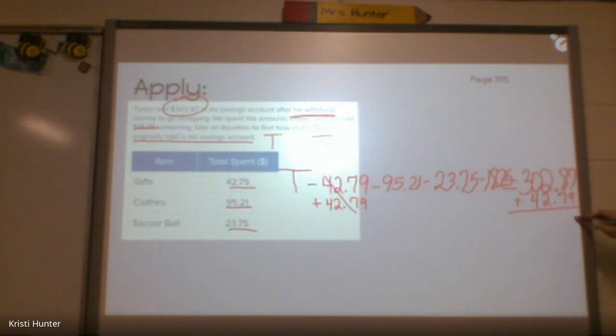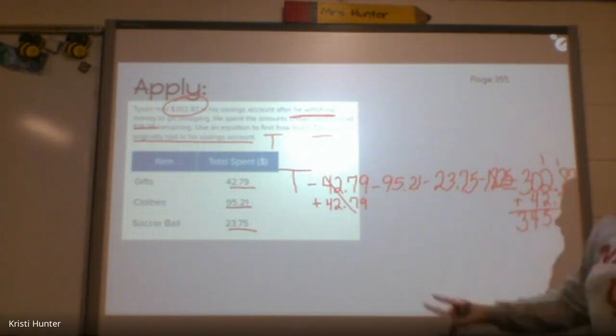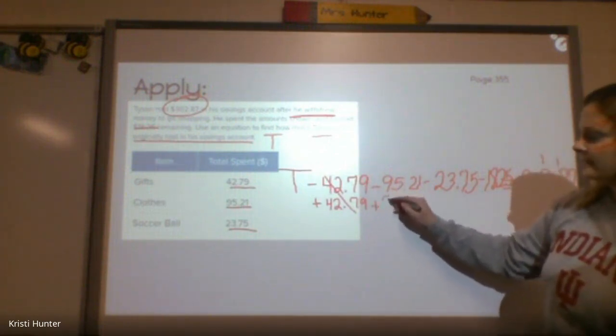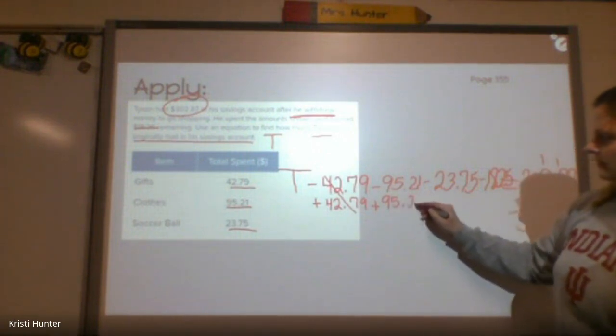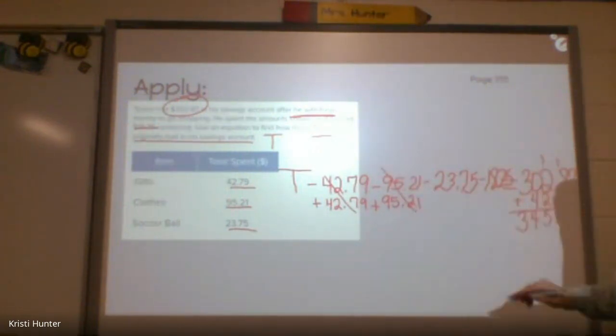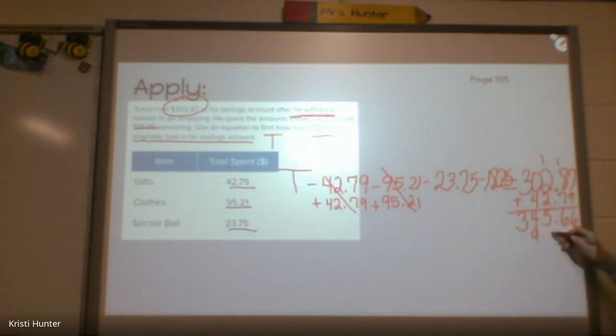And the answer that I'm going to come up with, let's see. So that's 15, 16, 5, 4, 3. Then again, I need to add this value to get rid of it. So I'm adding it. It's gone. So I add it over here. 95.21.